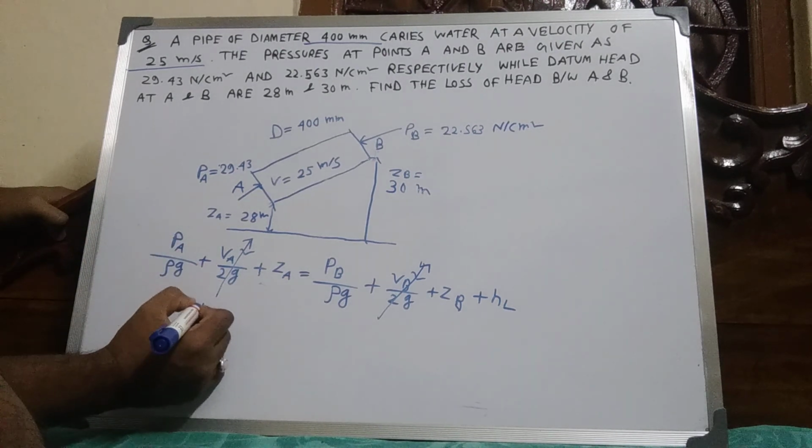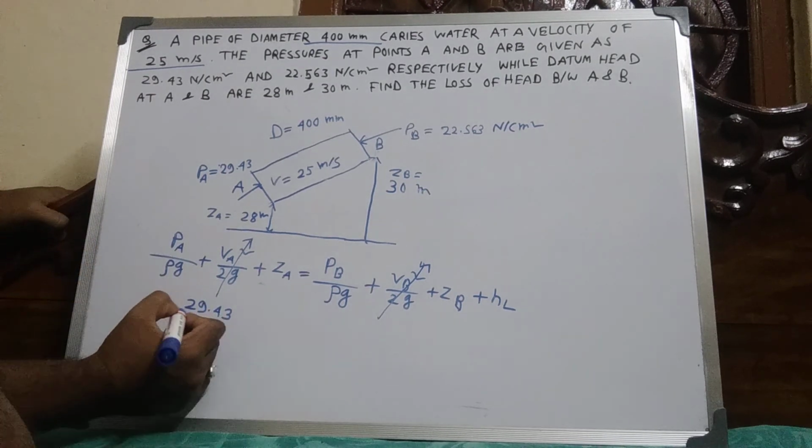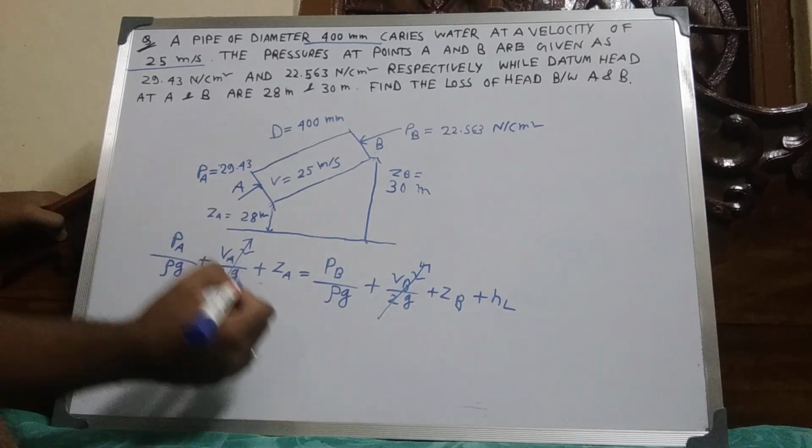PA pressure is 29.43, and rho is the density of water, 1000.